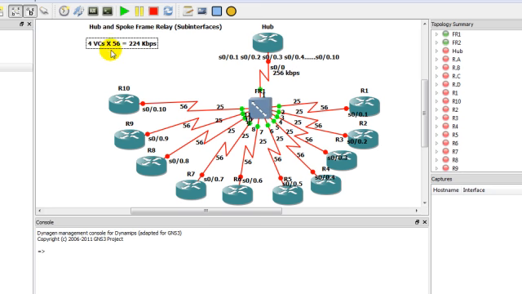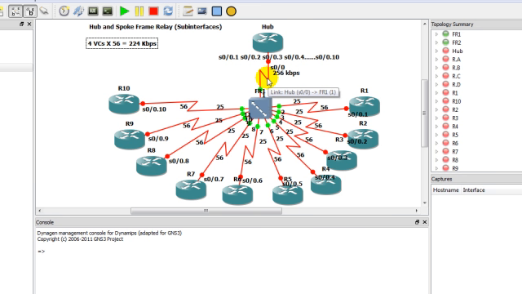In my example, 4 virtual circuits, each 56, gives 224 kilobits per second in my frame relay, and the access line is 256, so that's good because it's less than the access line, avoiding dropped packets. This is the first note about multipoint.